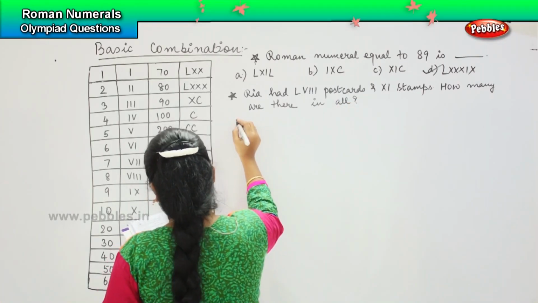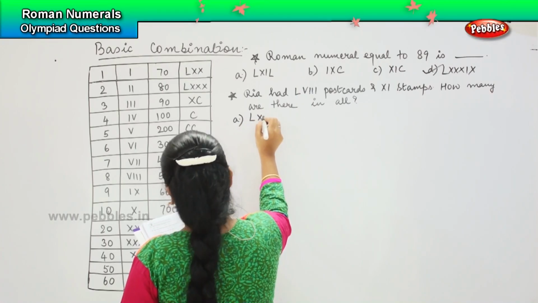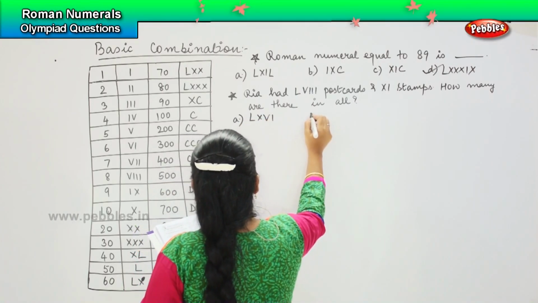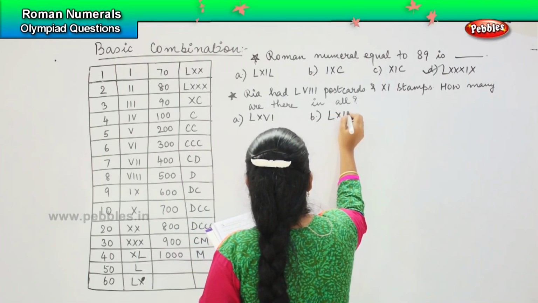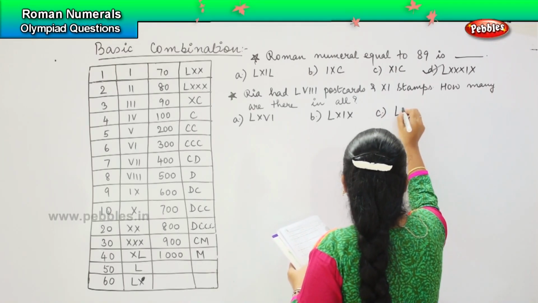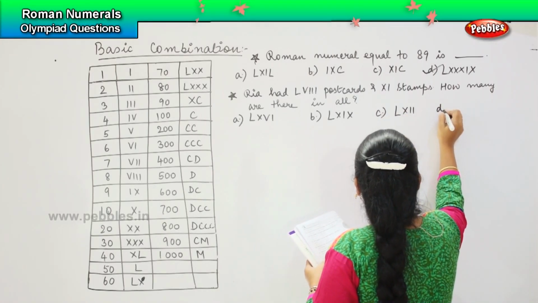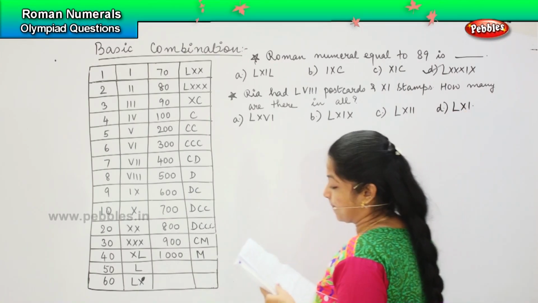Okay, and your options are: option A, LXVI; option B, LXIX; option C, LXII; and option D, LXI.